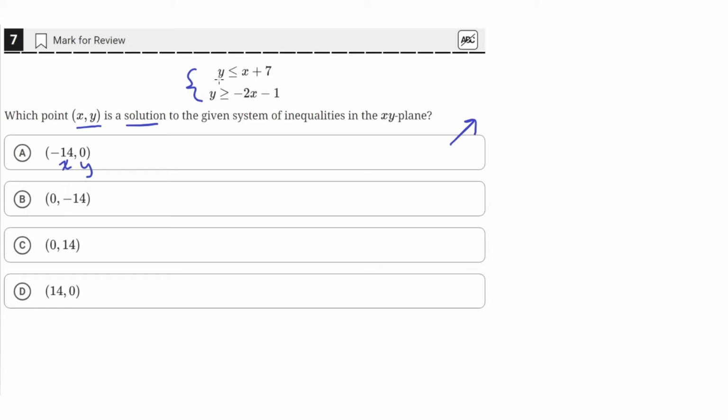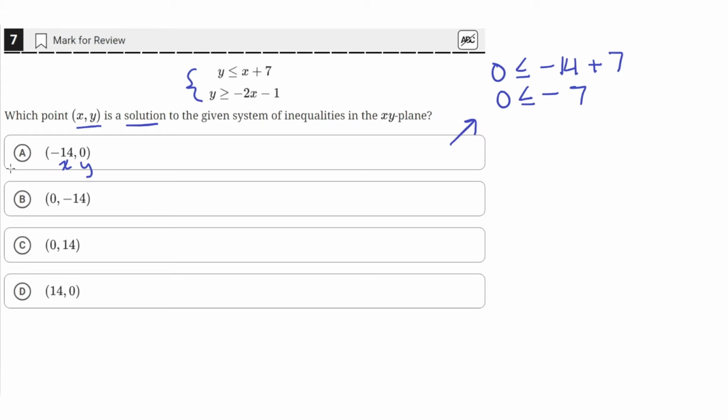So we'll just plug those into these equations. So in the first equation, y is 0. It is less than or equal to x, which is negative 14, plus 7. And we can simplify that to 0 is less than or equal to negative 7, which is not true because 0 is greater than negative 7.